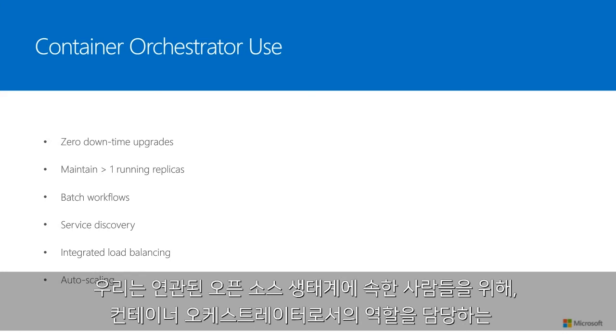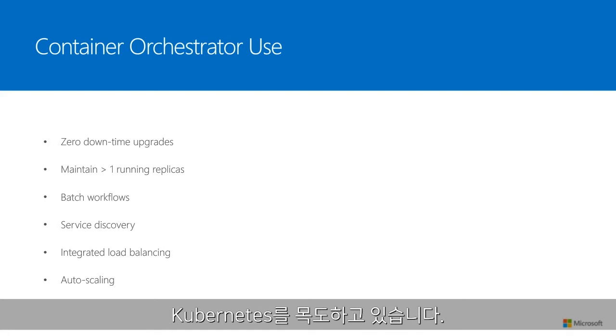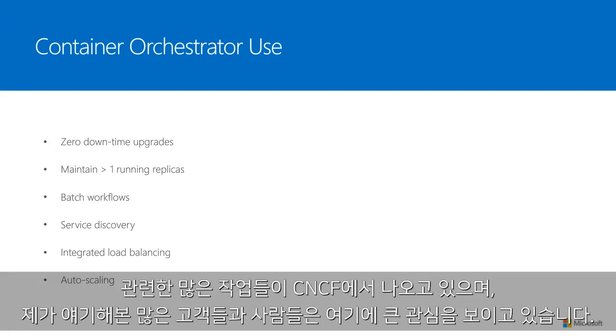So we really do see Kubernetes taking off as the container orchestrator of choice for people in the open source ecosystems. A lot of that work is coming out of the CNCF, and customers are extremely interested in this.